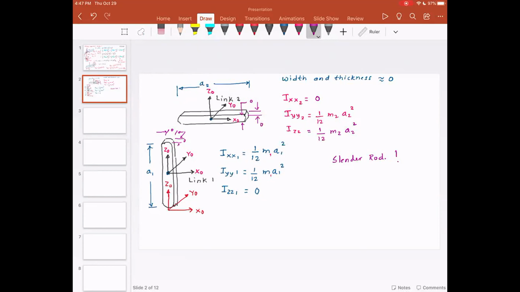Redraw the inertial frame, or zeroth frame, on the centroid and find the mass moment of inertia the way I have shown over here. And that would be the correct mass moment of inertia. So you will duplicate the zeroth frame on link 1 and link 2. All right.